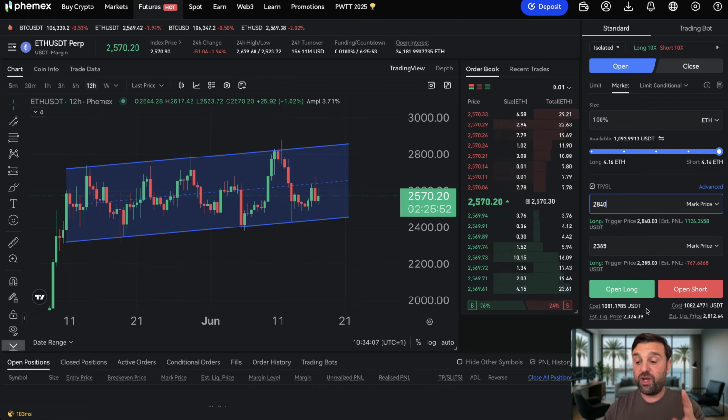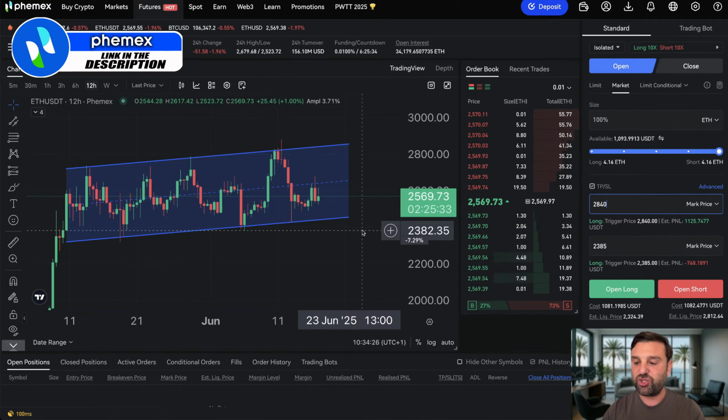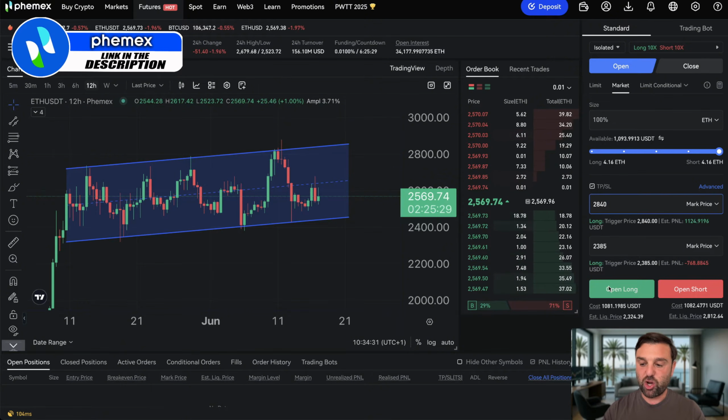Now, very important, my liquidation price is 2,324, but we don't need to worry about that because we will hit our stop loss before we get to that liquidation price. You always want to cover your liquidation price. So the liquidation price is down here, 2,324, but our stop loss is above it at 2,385. So that's fine.